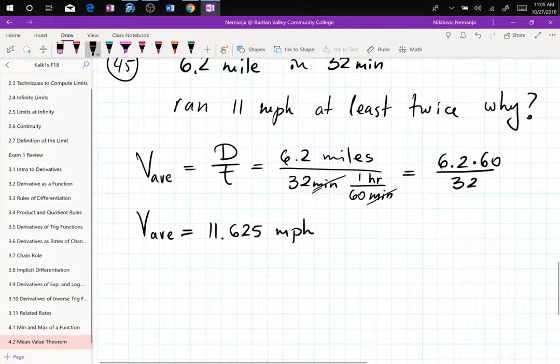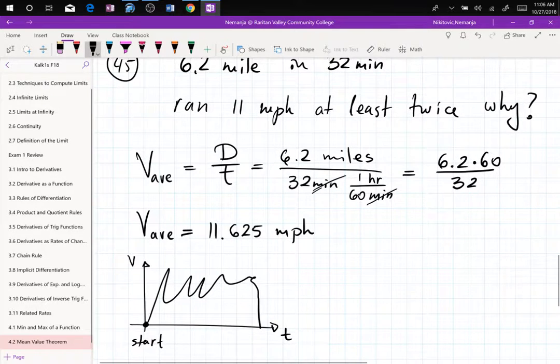So we see that the runner reached an average of 11.6 miles per hour, but we know that when the runner starts, so this is the race in time, and this is the runner's velocity in time. We know that the runner's velocity was 0 at the start. I don't care what happened here.